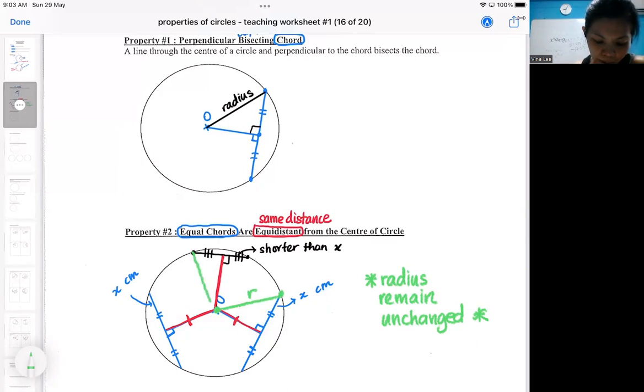So the chord length can change. The length from the center can also change, but whatever it is, the radius will not change. So there will be this relationship that helps you for certain questions.